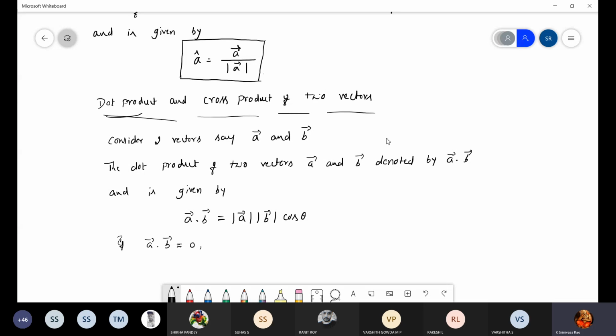So we say that if A dot B equal to 0, we can conclude that A and B, two vectors, are at 90 degree, meaning the two vectors are perpendicular.